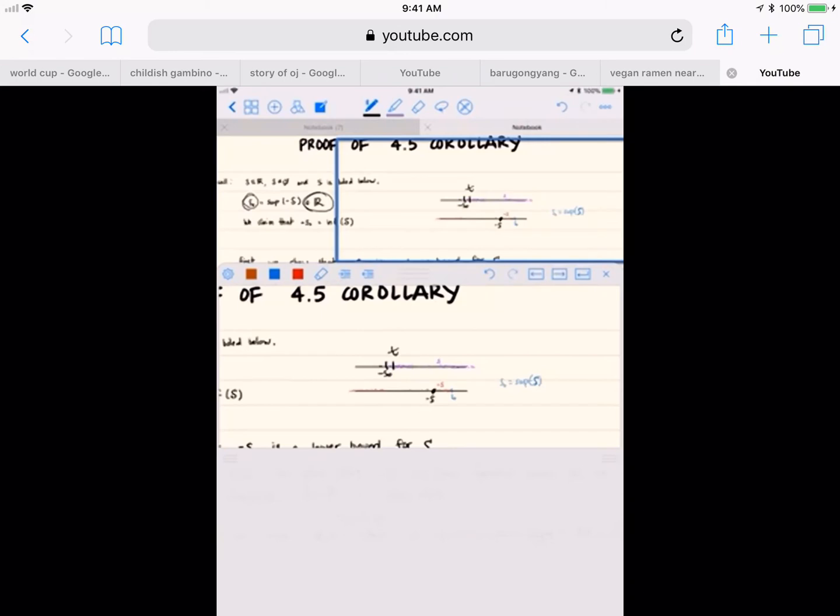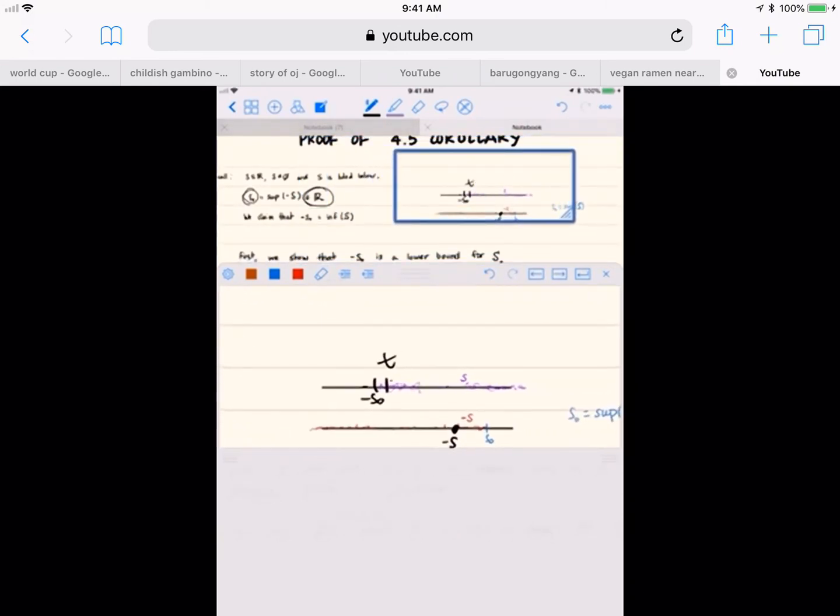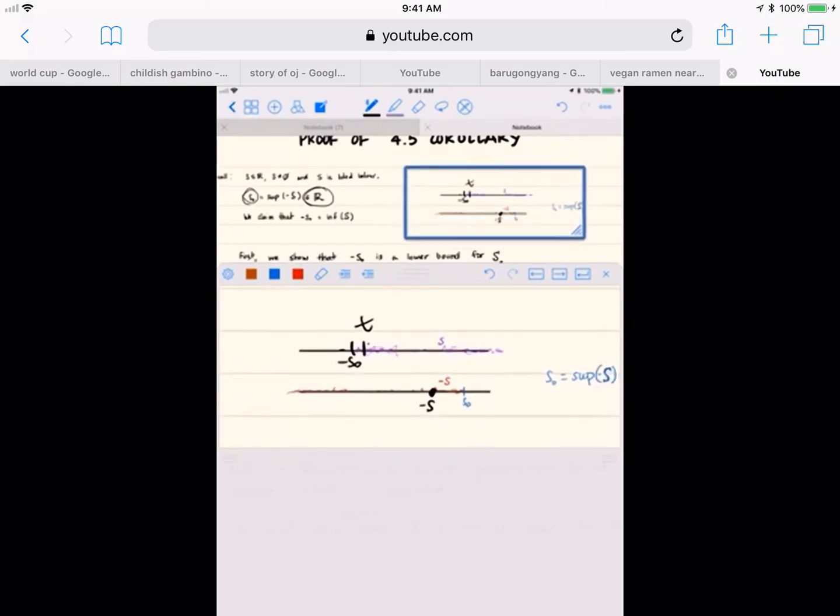So what we're saying is that if you have any number that's bigger than negative S naught, so if t is bigger than negative S naught, that means that negative t is going to be less than S naught.